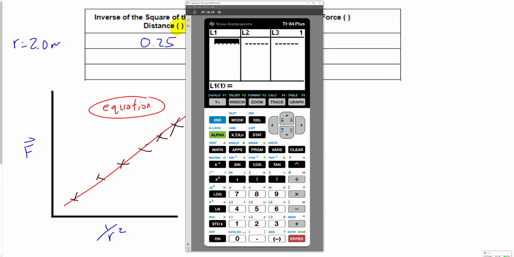And then I'm going to enter some data points for this. Now, I cooked up some data points about an hour ago that I'm going to enter into this, okay? Your data points are going to be different, right? My data points, not for R and F, but for 1 over R squared and F. My data points were 1100, 400, 204.